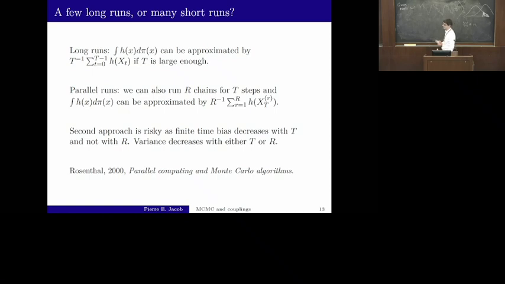So if I were to run one chain, get x_T, and then start parallel chains from x_T as you were describing there, would that take care of the finite time bias, or do we still worry about finite time bias? No, so it's quite subtle.